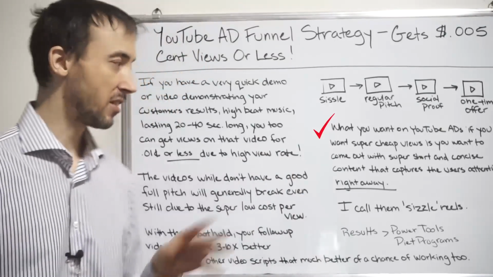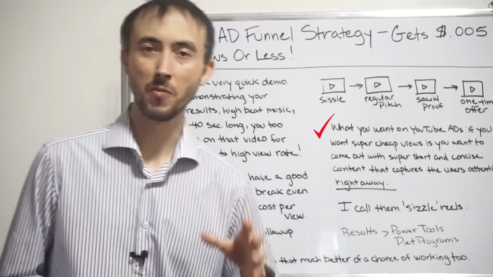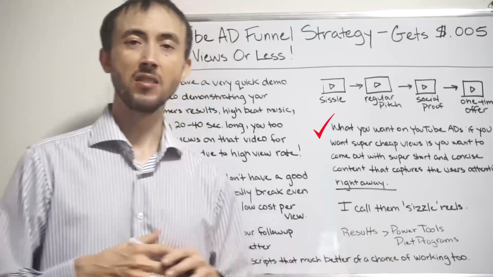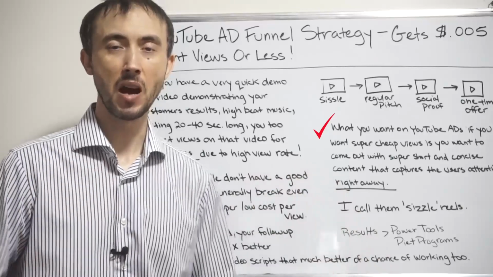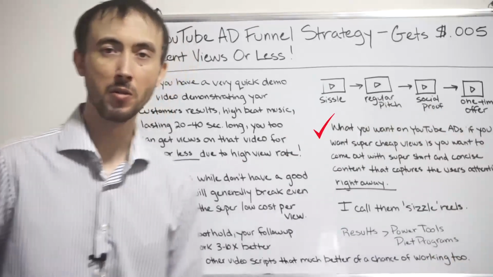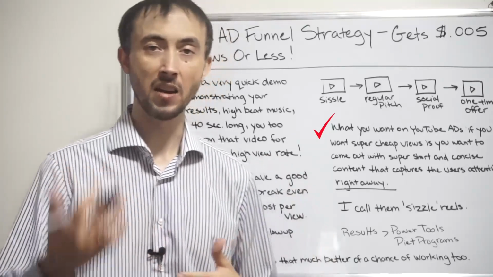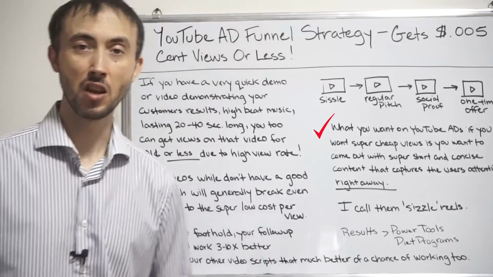So anyway, a sizzle reel is a good strategy or video ad type, if you will, to run with your YouTube ads, because they're getting such low cost per views, and they're also highly profitable because they're getting watched all the way through. That's something you should consider if you've tried YouTube ads and you haven't quite gotten it to work yet, or you just want to make more from your YouTube ads in general.